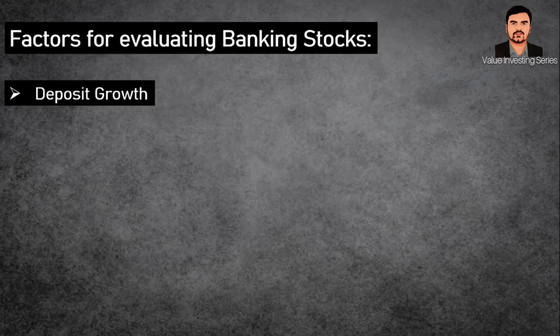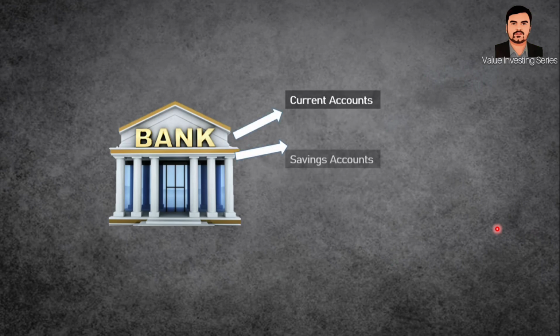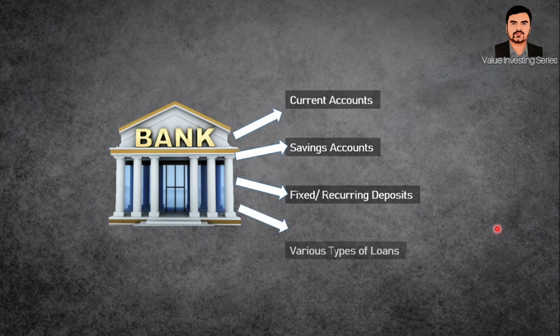So the first one is deposit growth, which is deposit growth year on year. Deposits are the major sources of funds for the banks. The banks accept deposits as term deposits, FD, RD, then savings account, current accounts, etc. These are the various ways by which the banks take the deposits, and these deposits are like liability to the bank because they have to pay an interest rate on that, unlike a current account, which has zero interest rate.